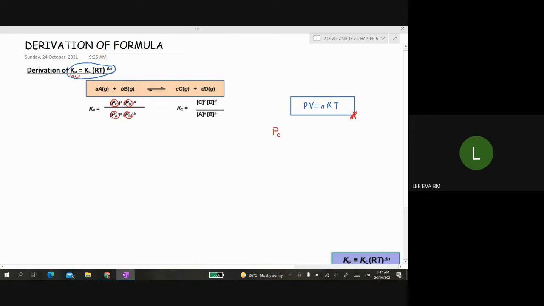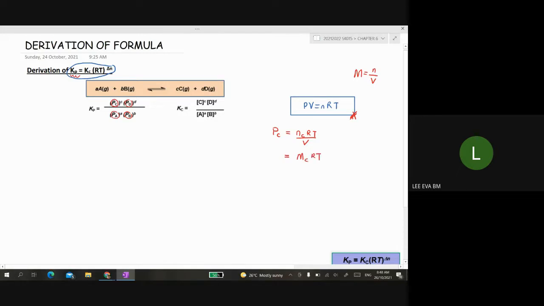When we rearrange PV equals nRT, we get number of moles of C times RT over the volume. So we use PV equals nRT for each of the gaseous species. And if you recognize, concentration equals number of moles over volume. So n over V gives you the concentration, so [C]RT.